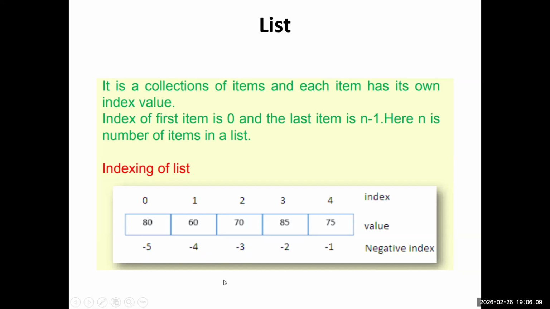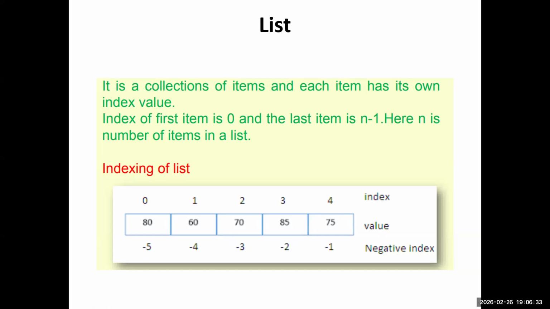What is a list? A collection of items. The first item's index value is 0. The last item's index value is n-1.